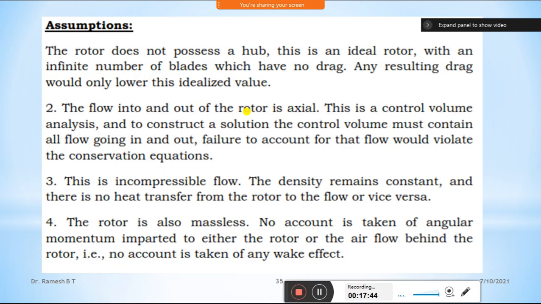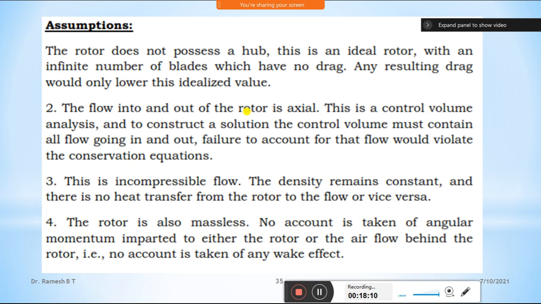Some of the assumptions made by Betz: the rotor does not possess a hub, and this is an ideal rotor with an infinite number of blades which have no drag. Drag force is 0, there is only a lift force, and the rotor includes a number of blades, maybe 3, 4, 5, 6. Any resulting drag force would only lower this idealized value.